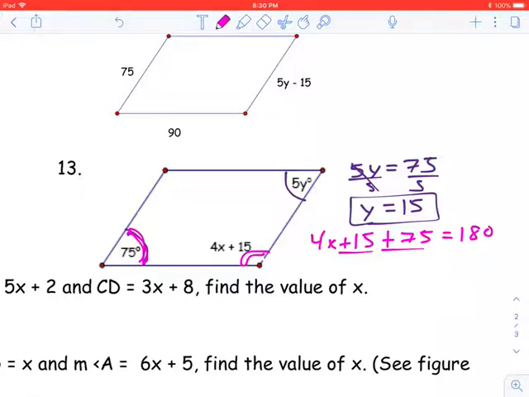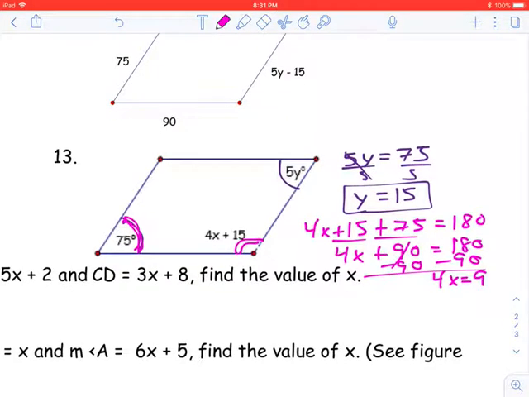So that would be 4x plus 90 equals 180. And then I subtract 90 from both sides. I get 4x equals 90. And divide by 4.